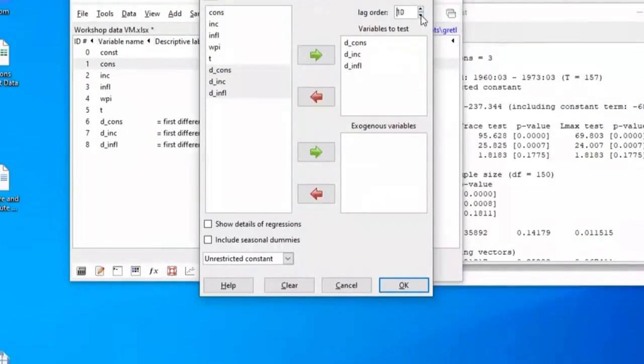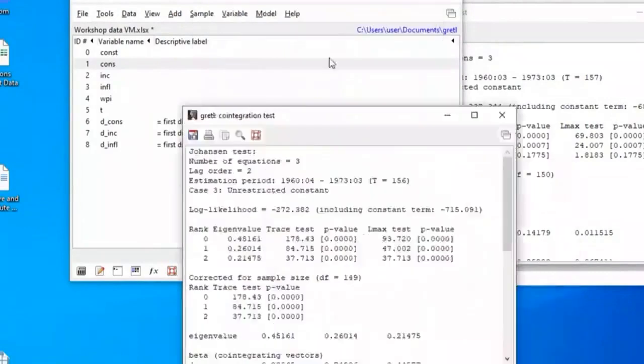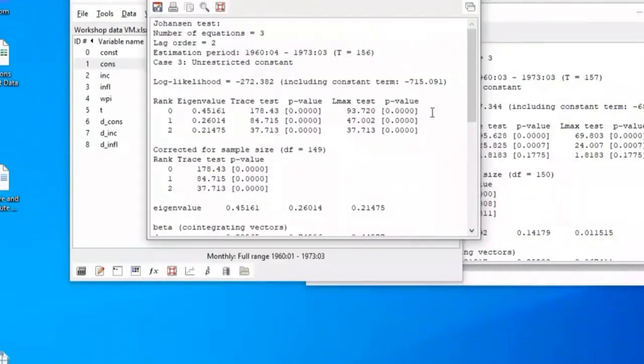I think the second lag will be the optimum one. First, we have to do the VAR lag selection. Anyway, I am just assuming. Now click OK and see the result. What are we getting? What do we find? Can you tell me?